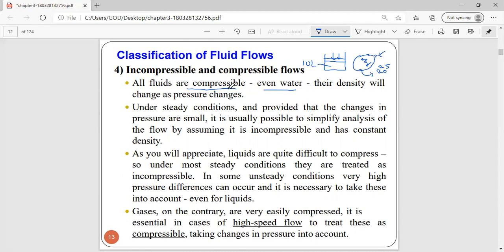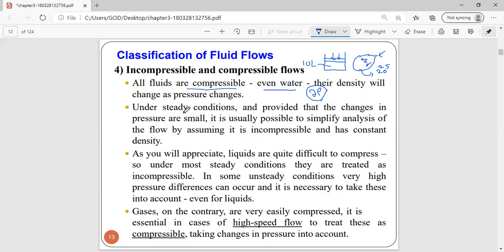So why is it saying compressible? Because there is a small change. First, we'll define what compressibility is. If there is a change in the density, then we call it a compressible fluid. If there is no change in the density, irrespective of the force applied, then we call it an incompressible fluid. Okay.